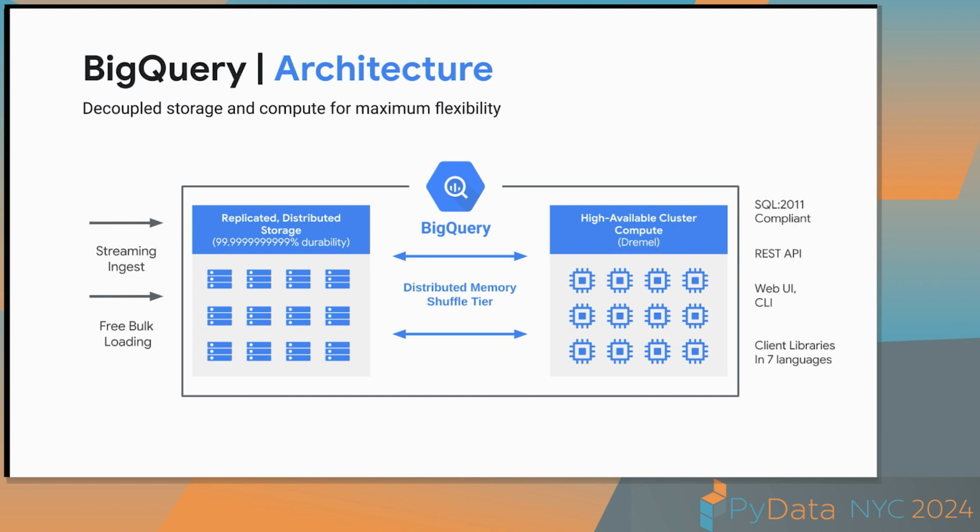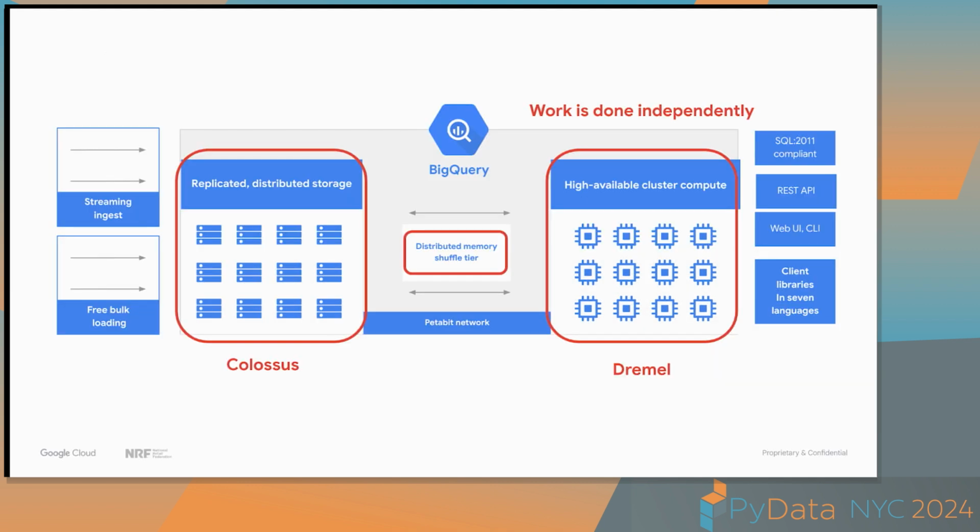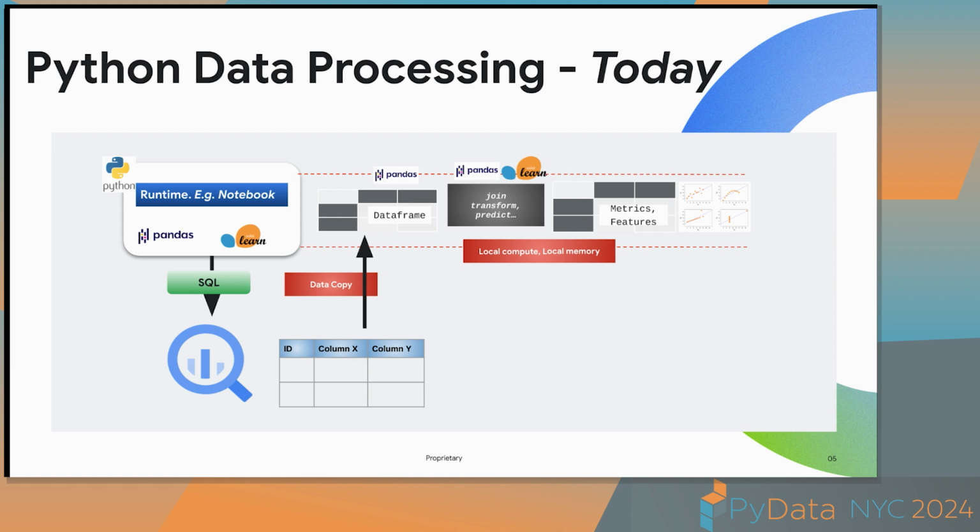And so for you folks as potential customers of BigQuery, what that means for you is you pay for what you use. So if you have a very small table, you only pay for the bytes that are stored, but you might use some very complex queries on that table. And so that compute infrastructure can scale up and scale down as needed.